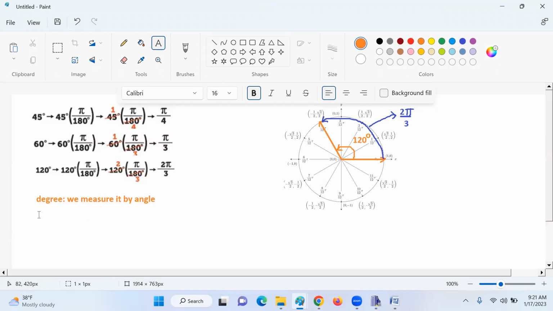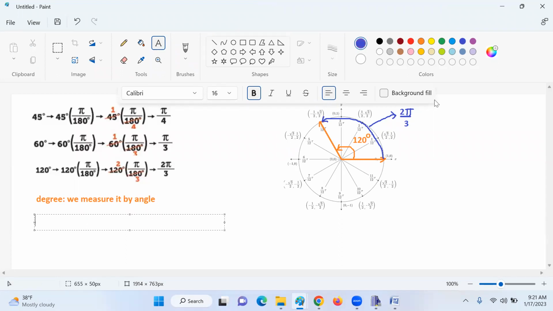And then radian, I'm using different markers, so we measure by the arc length of a circle. Okay. So it's not going to be the same, but technically we can treat them as the same thing when we talk about sine and cosine. So let's say 120 degrees, that would be 2 pi over 3.